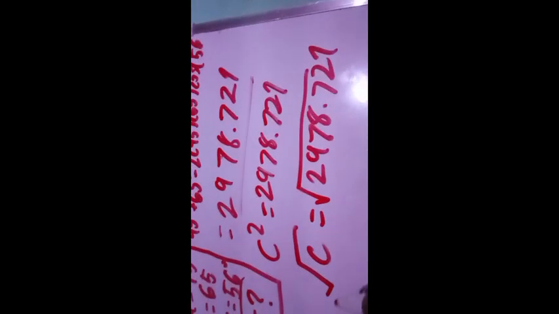We use this to get our final answer. So that equals, let's write it down on our calculator, the square root of 2978.721. So you'll get the answer of 52.77. And let's round it off to 54.